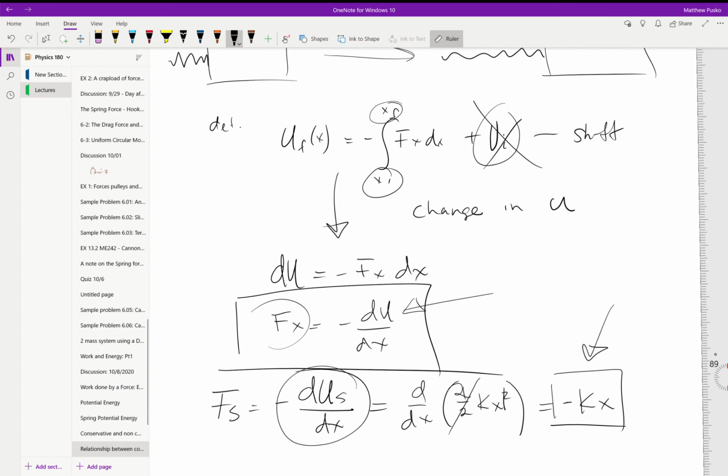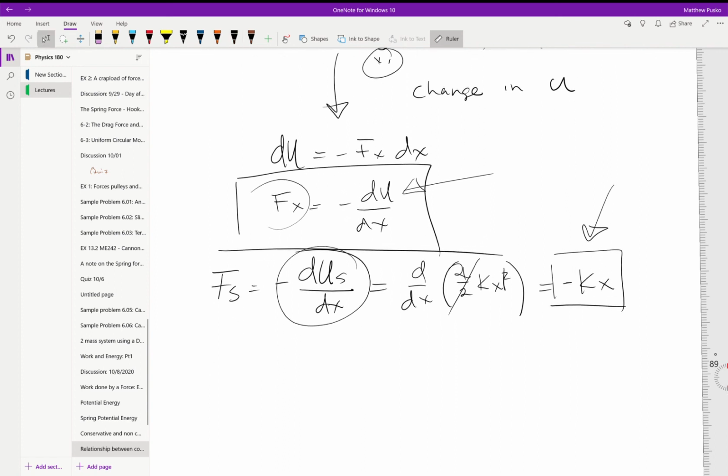So you can do that with the force of gravity, right? We know what this looks like. It looks like mg. If I took minus the derivative of the potential due to gravity with respect to y in this case, that's going to give me minus d/dy of mg delta y.